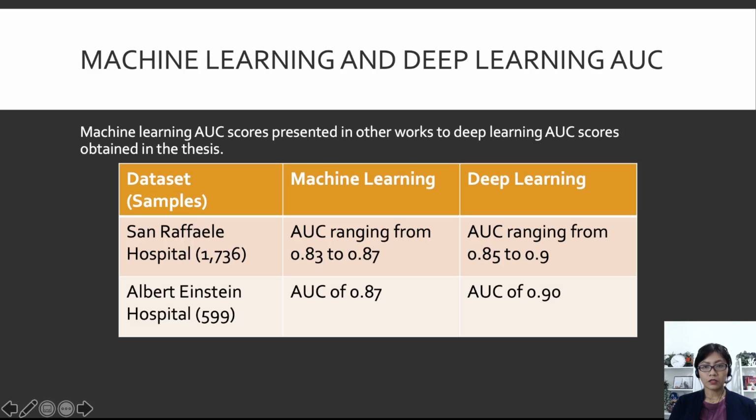Except for the Albert Einstein Hospital, where machine learning can have 0.87 and deep learning can go up higher to 0.90.